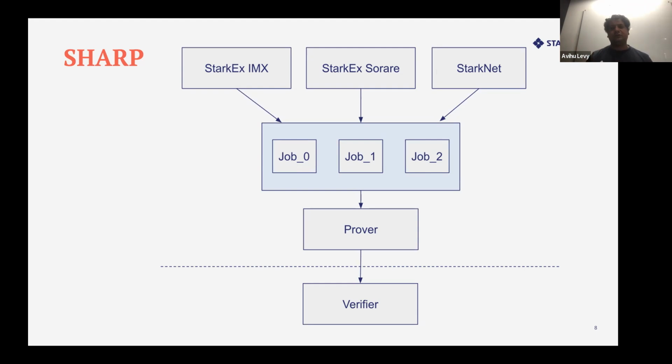What SHARP knows to do is to receive different jobs, different Cairo programs with different transactions as input, and combine them together into a single proof that it sends to a verifier on chain. The verifier knows to take this single proof, verify it, and basically register that all those programs had some statements correct, in case the proof is valid.